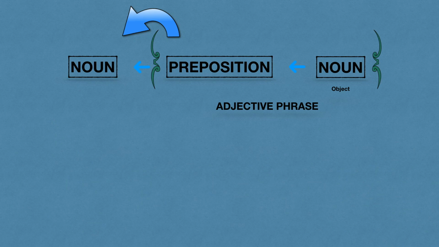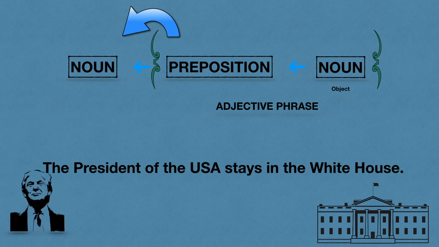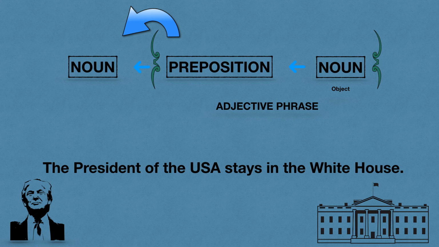Let's try another example. The President of the USA stays in the White House. Go ahead, give it a shot. Alright, this sentence has two prepositions, of and in. The object of of is the USA and the object of in is the White House.